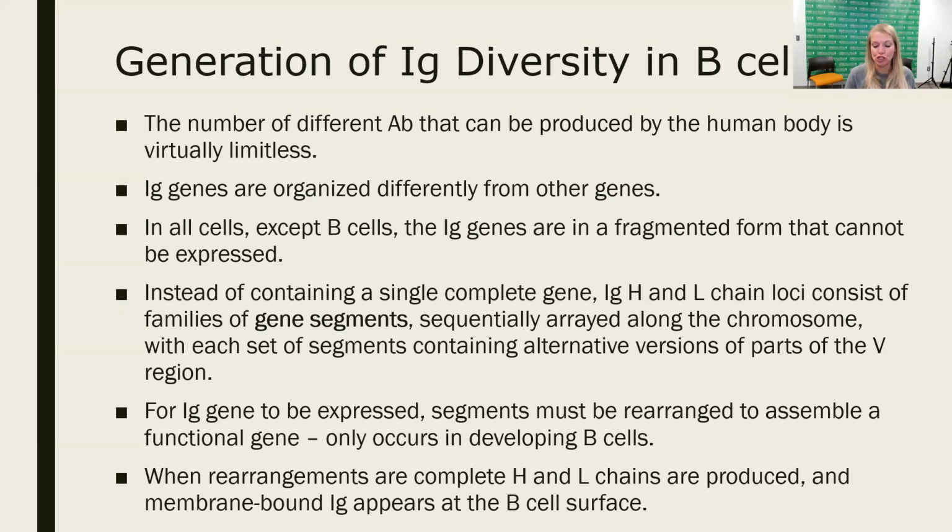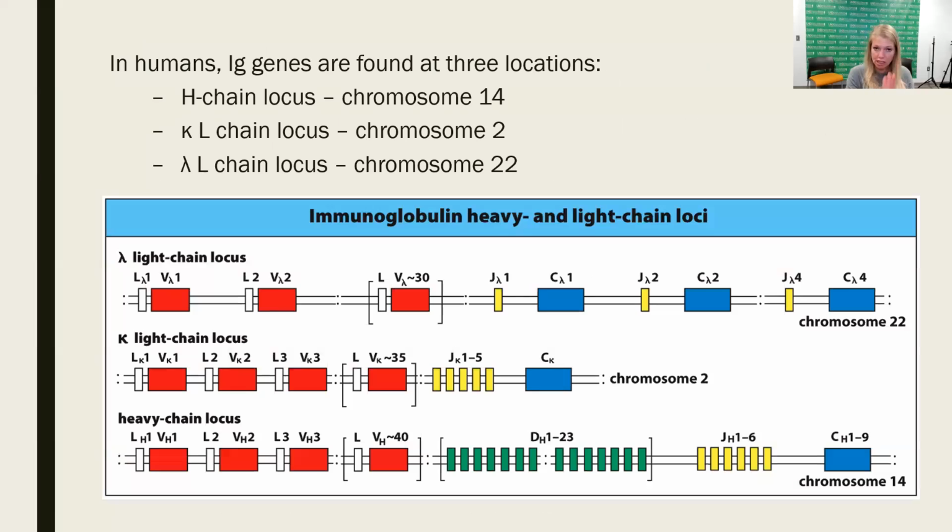So let's look at what those gene segments look like. If we're just talking about immunoglobulin now, the heavy and light chains are going to be located on chromosomes 22, 2, and 14, in a section of those chromosomes. And so the heavy chain locus is going to be found on chromosome 14, and that's going to be all 5 isotypes.